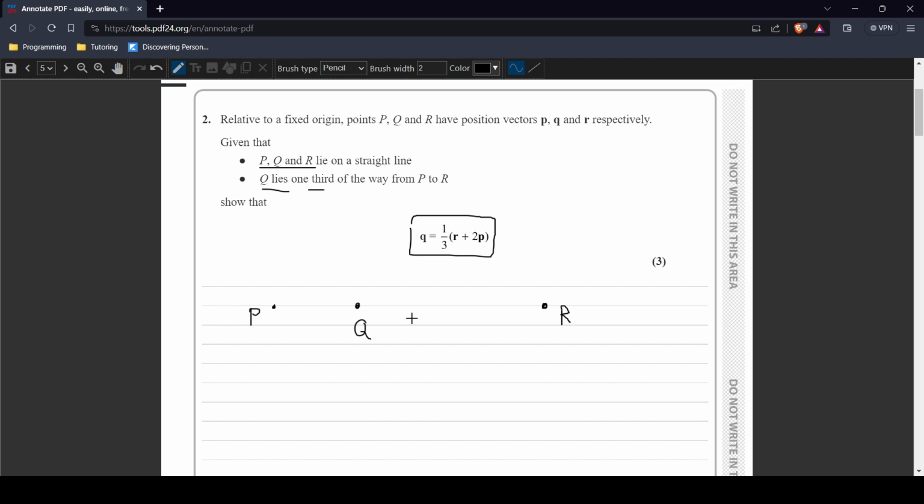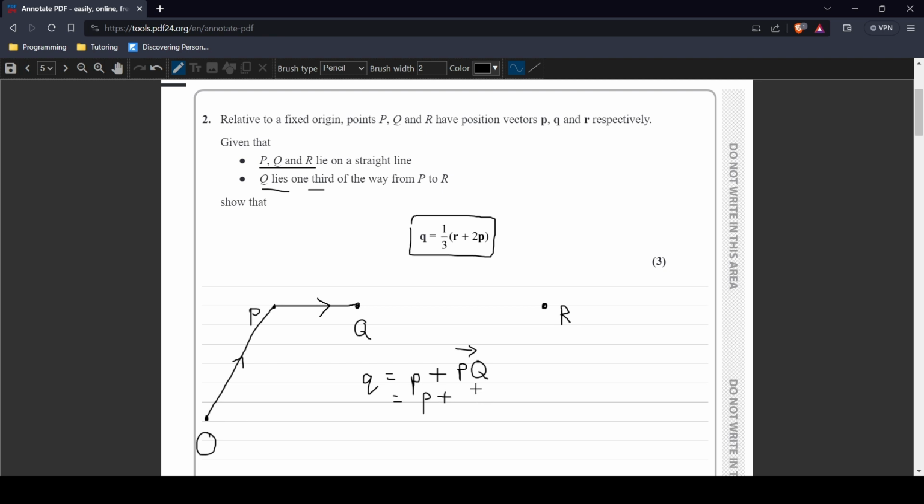Right, so the position vector of Q we can write as, well, let's just put the origin somewhere there, doesn't really matter where, but the position vector of Q we can write as, well, we can go from O to P, and then we can go from P to Q. So Q we can write as P plus PQ. Now what is PQ?